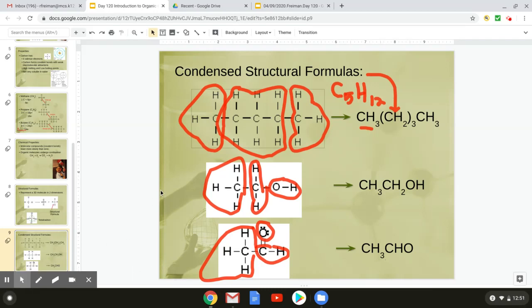So these are just the basics with how to begin drawing our organic compounds. In our next lesson tomorrow, oh boy, something to look forward to, we'll figure out how we start naming them and drawing them and how they all bond together. But the main thing you have to remember is organic chemistry is the study of carbon.